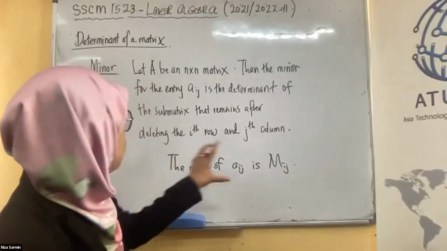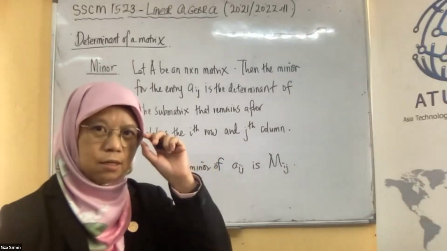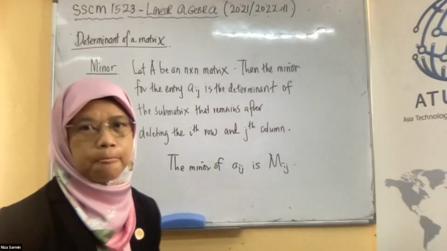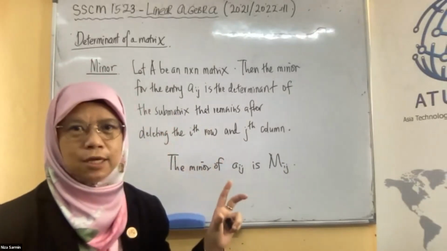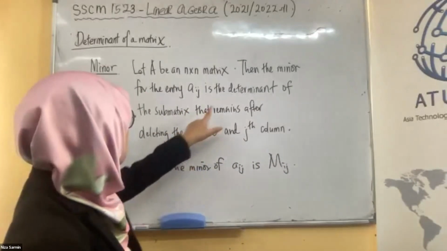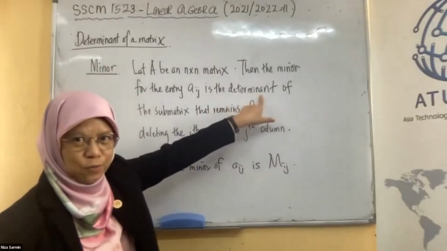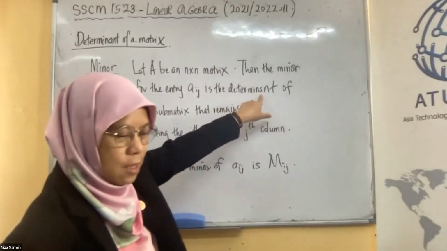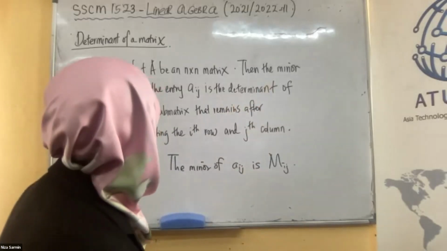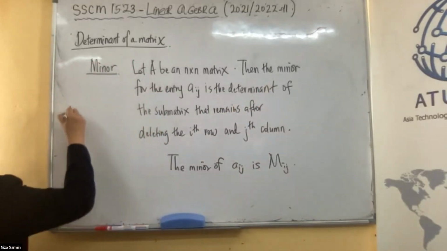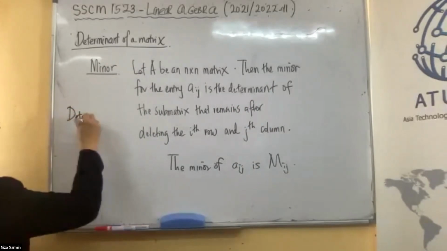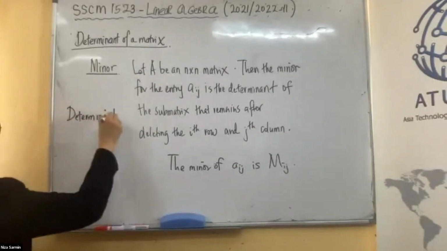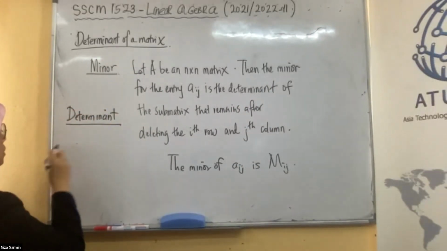Now, before we look at the example of this whole thing, we have to look at what is the determinant, right? What is the determinant? And the definition of a determinant, okay, it is a scalar.